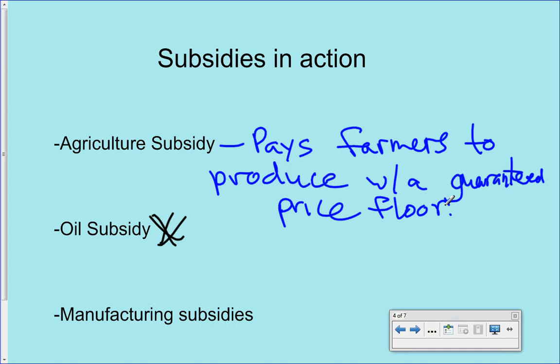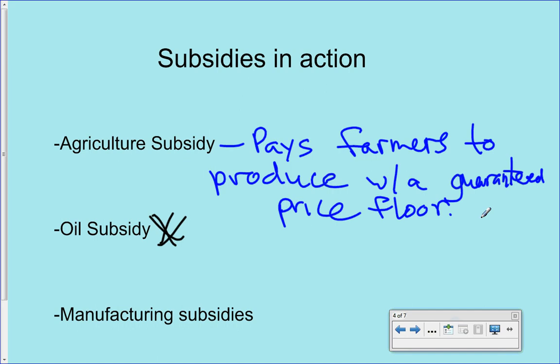So the government stepped in and told these local farmers, if you guarantee to keep producing, we will guarantee to keep a price floor. The price floor means that the price cannot go below a certain level, so everyone has to charge for certain goods at least this much money.